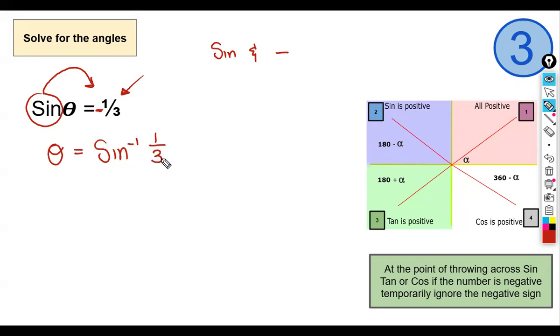Now, in case you can't use the fraction button, it's real easy to bypass. You press second function sine, so you put sine inverse. Use your open and close brackets: open brackets, 1 divided by 3, close brackets. That's the same thing as 1/3. Let me know what you get for your basic angle. The sine inverse of positive 1/3, because we're temporarily ignoring the negative sign.